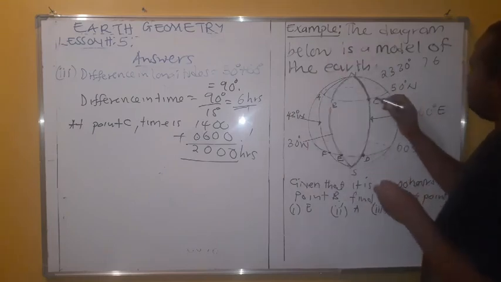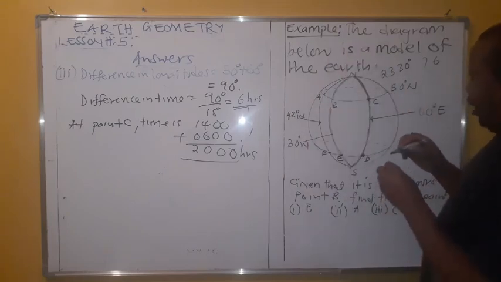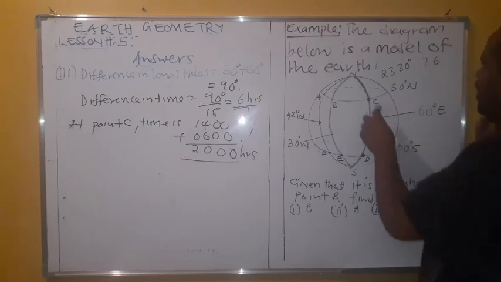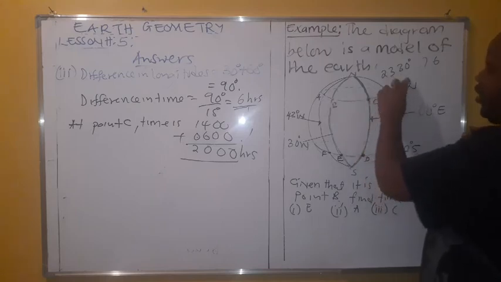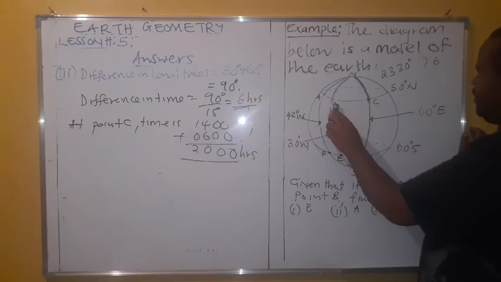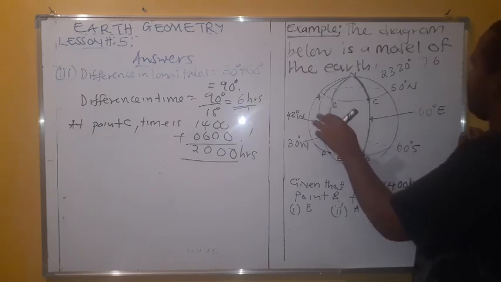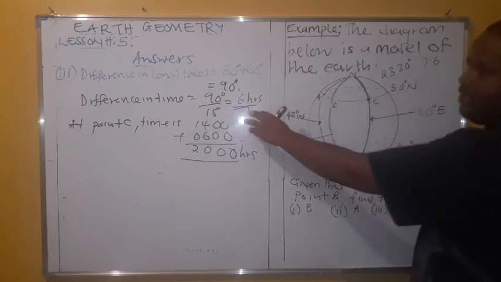Now here, we are saying it is 23 hours. So to find the time at B, you're going to subtract. Is it okay? So you're going to say 23 hours minus 06 hours.